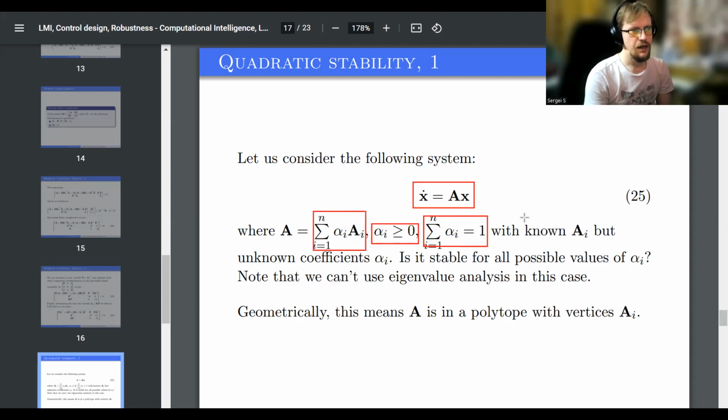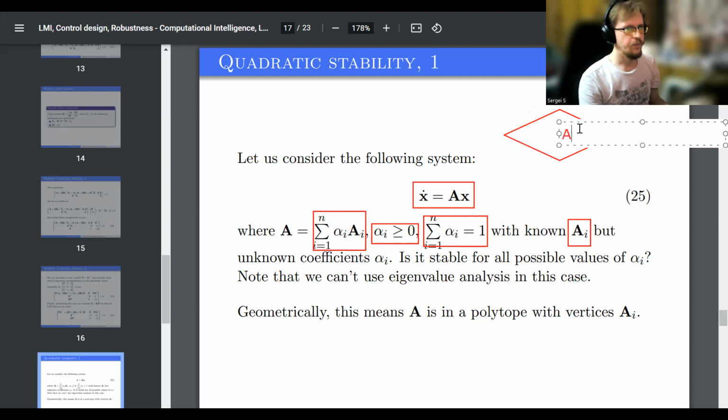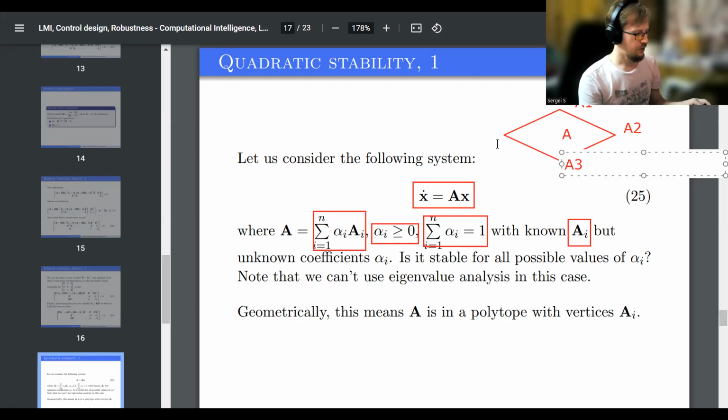And the A i's are essentially just the systems. They represent a polytope of all possible systems. So you can write it this way, and say this is where A belongs. A would be somewhere inside this polytope, and those would be the vertices of the polytope: A1, A2, A3, A4.